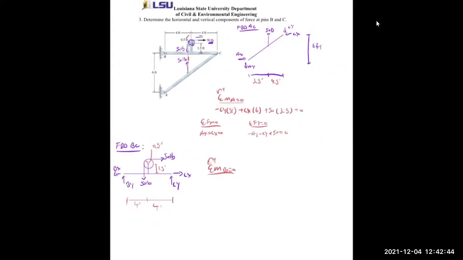So I have this 50-pound force right here. That's going clockwise to B, so it's negative, and the perpendicular distance will be this 1.5 feet plus 0.5 feet.